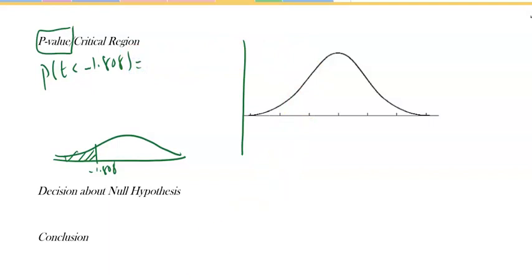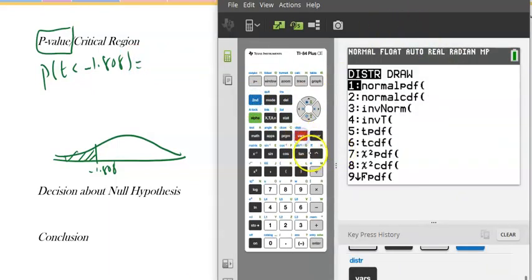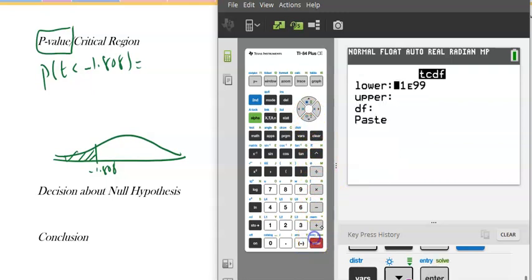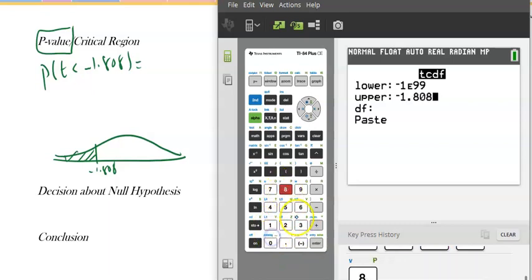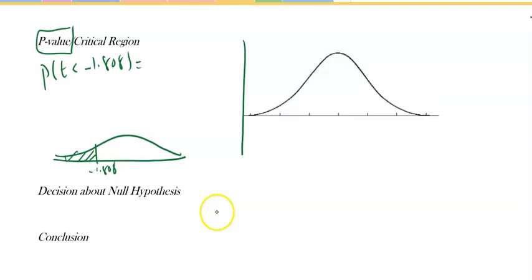This probability is, and I'm going to get my calculator out, I'm going to go second distribution. We're looking for CDF, the area from negative. The upper is negative 1.808, degrees of freedom. They just say there were 45 people, so 44. And there's our answer.